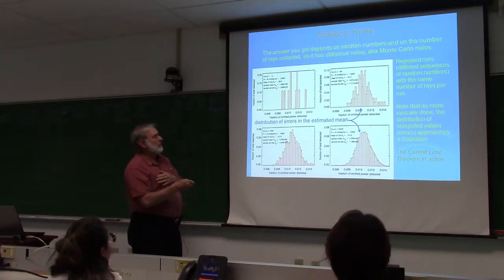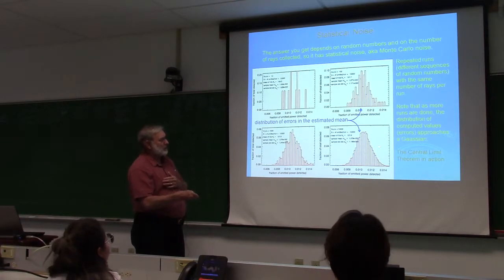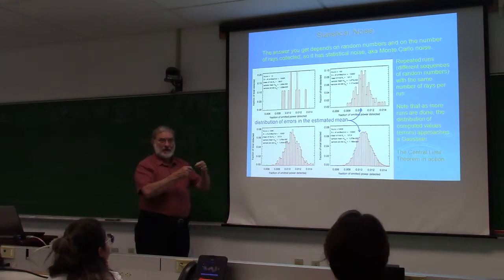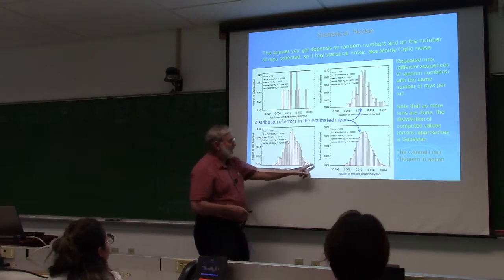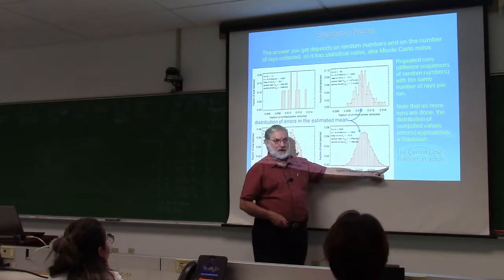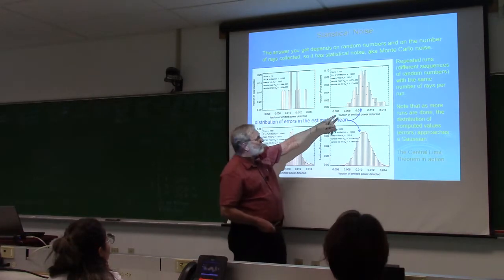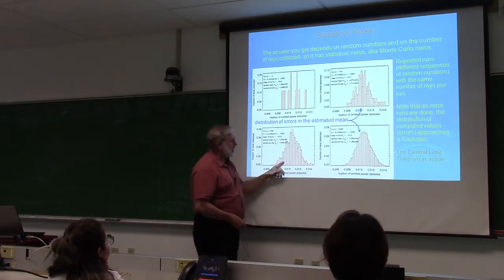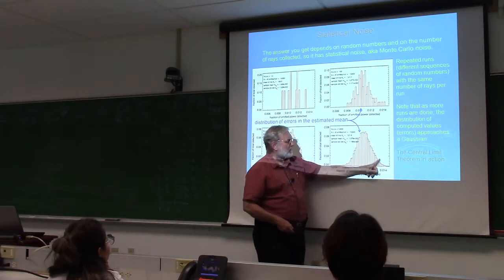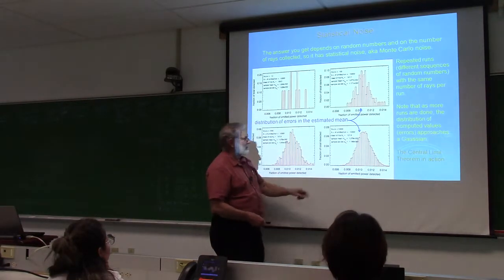Now I do 100 runs, same thing. I get this. I do 1,000 runs, I do 10,000 runs, each run still having 10,000 photons. And now you see this distribution starting to look normal. Here it's hard to say, maybe it could be normal, it's starting to look normal. Now you're kind of convinced that it's a normal distribution.